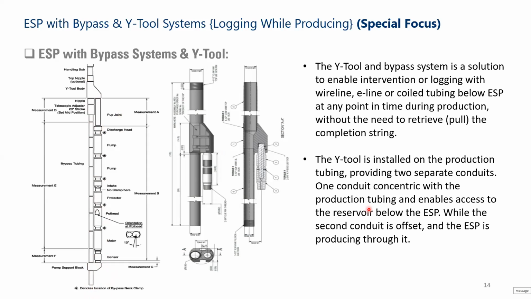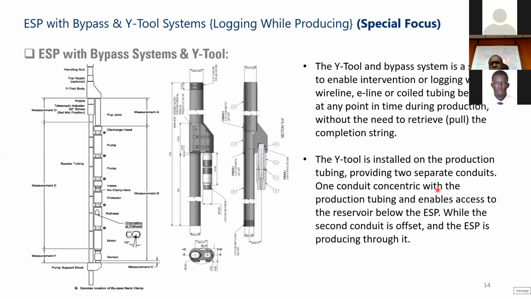So it says here the Y tool is installed on the production tubing, providing two separate conduits. One conduit is the bypass side, which is concentric to the production tubing and enables access to the reservoir below the ESP.